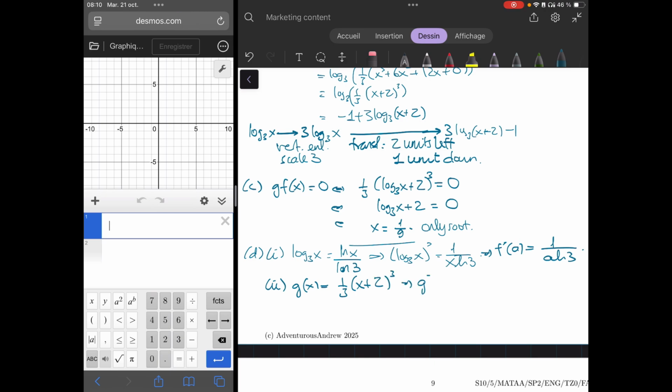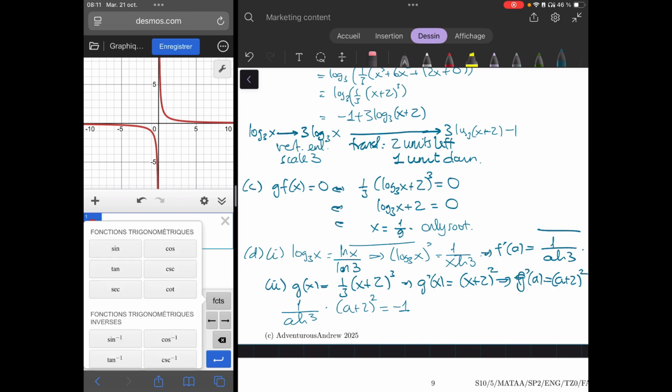So g prime is equal to (x + 2) squared. And thus, g prime of a is (a + 2) squared. And now we just have to show that this equation has no solution.